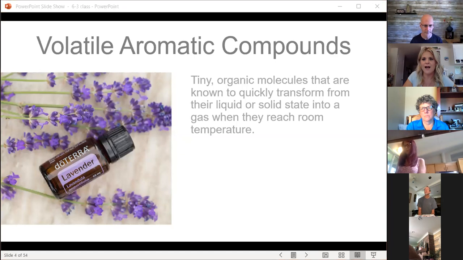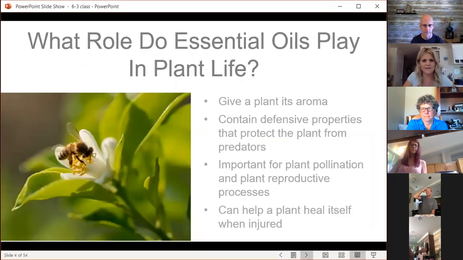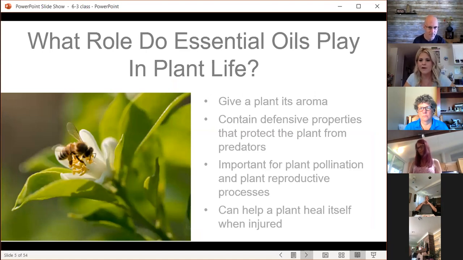So what role do essential oils play in plant life? Depending on the plant type and structure, essential oils can be found in several different parts of a living plant. Like I said, it can be found in the roots, in the bark, in the flowers, in the leaves, and regardless of where the essential oil is found within the plant, it plays a very important role because it can perform many different functions.